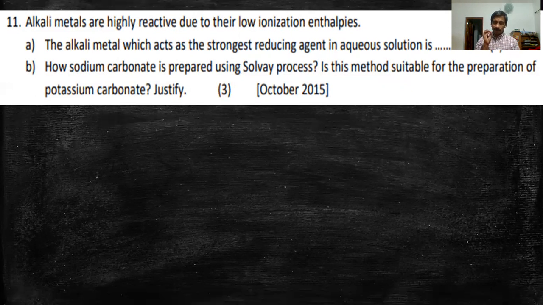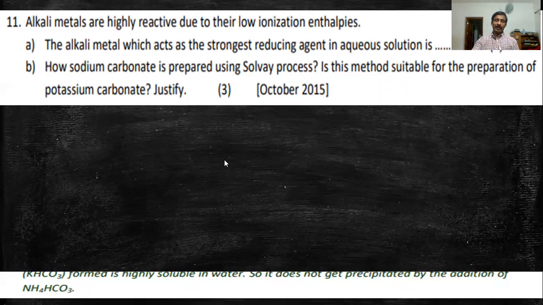But if you use the same method for the production of potassium carbonate, there is a problem. Potassium bicarbonate is the product, isn't it? Potassium bicarbonate is more soluble than sodium bicarbonate, therefore it is very difficult to precipitate it. So precipitation and separation is difficult, so it is not a suitable method for the preparation of potassium carbonate.